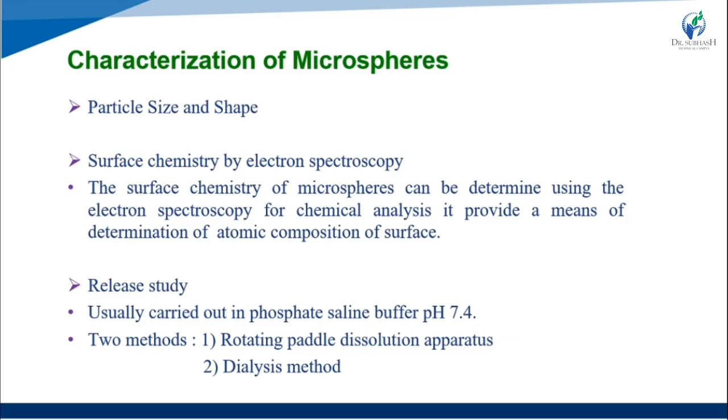The surface chemistry of the microsphere can be determined using electron spectroscopy for chemical analysis, which provides a means of determining the atomic composition of the surface. This is also an important test for microspheres.